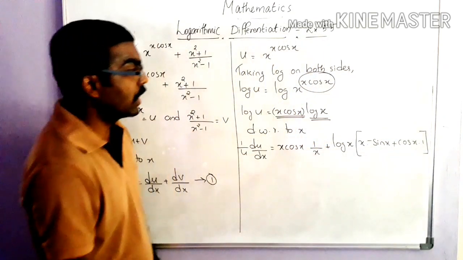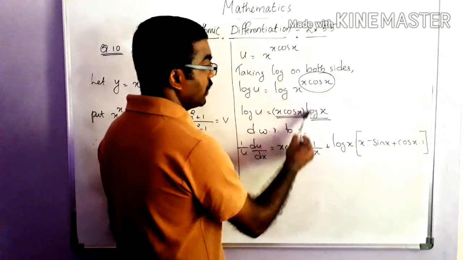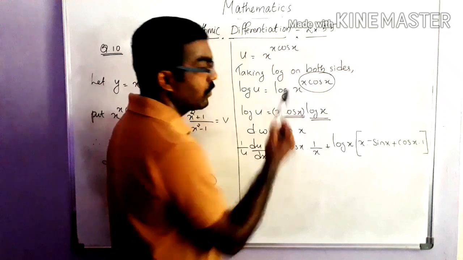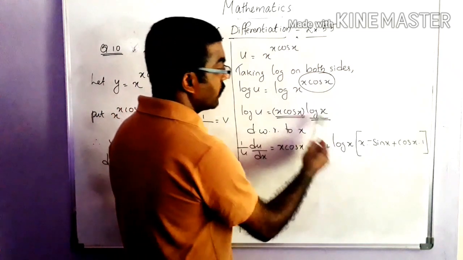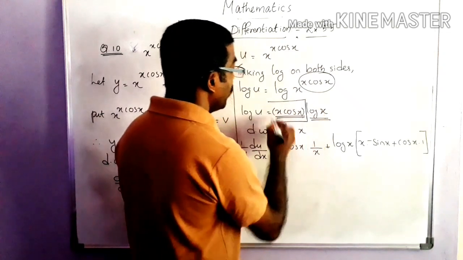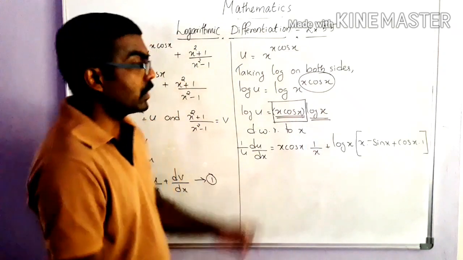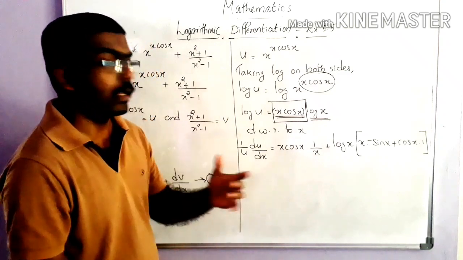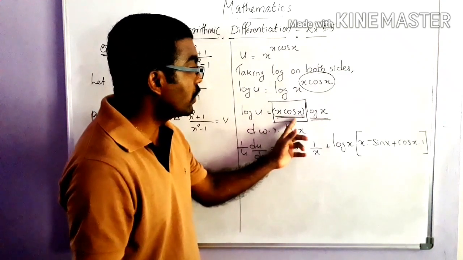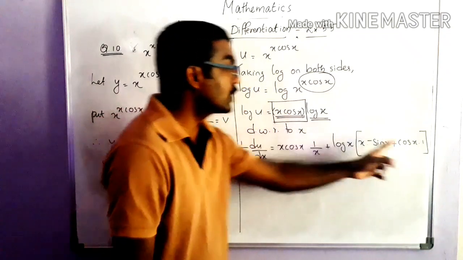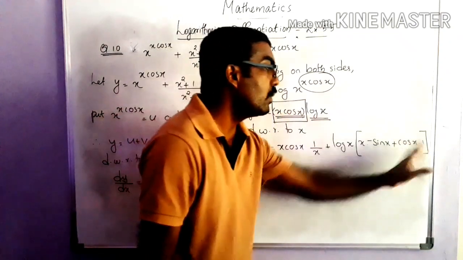Clear? Once again, first function we take it as x cos x, so x cos x into log x derivative 1 by x. Then second function log x into derivative of first function, that means derivative of x cos x. So in order to find the derivative of x cos x, we have to apply product rule again. So x into derivative of cos x is minus sin x, then plus cos x, second function cos x, into derivative of first function x is 1.